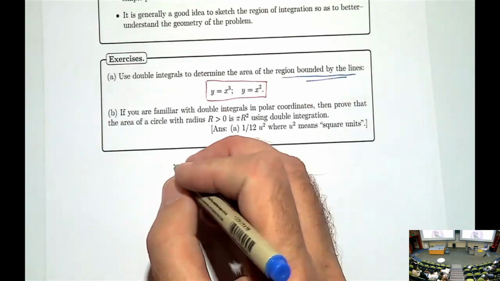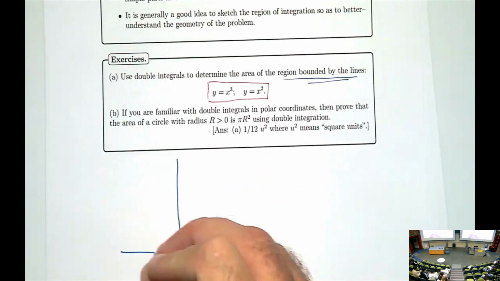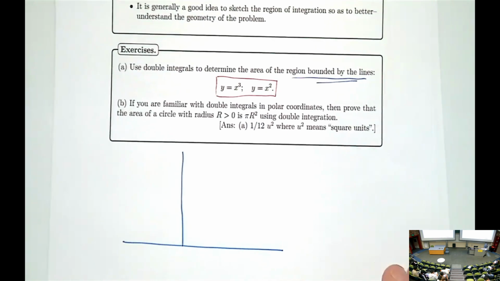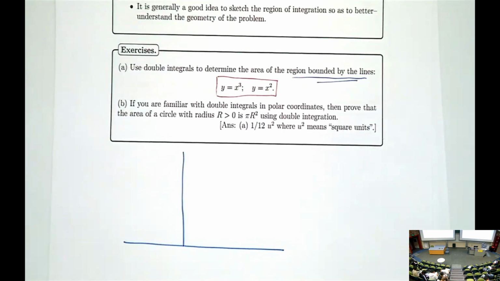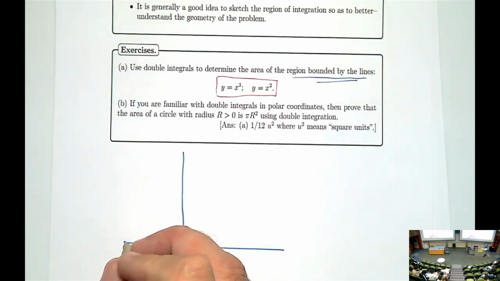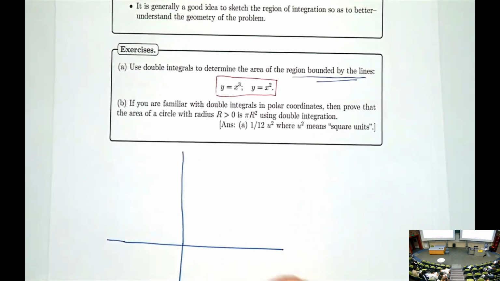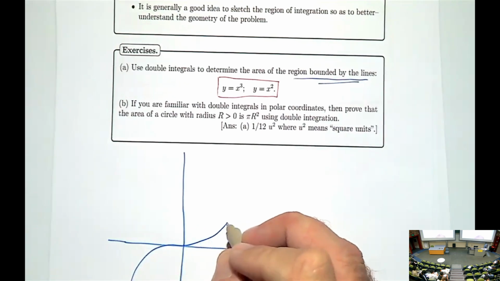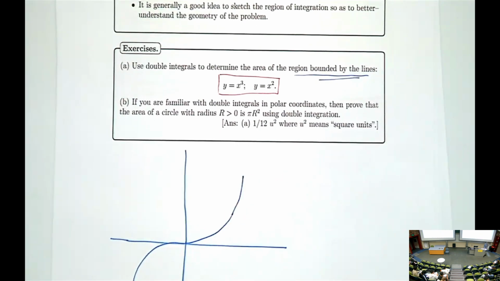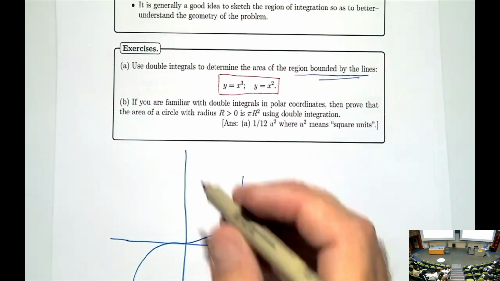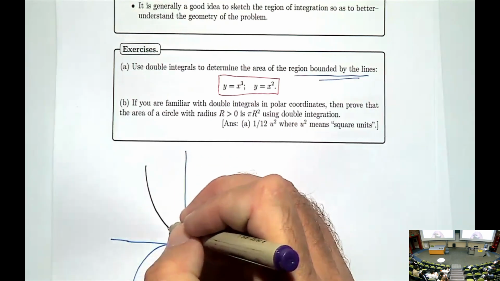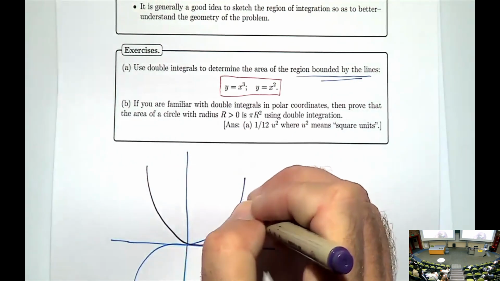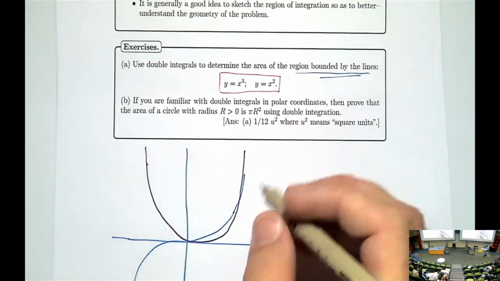Draw a picture. All right, so x cubed is going to look something like that, and x squared is going to look something like that.